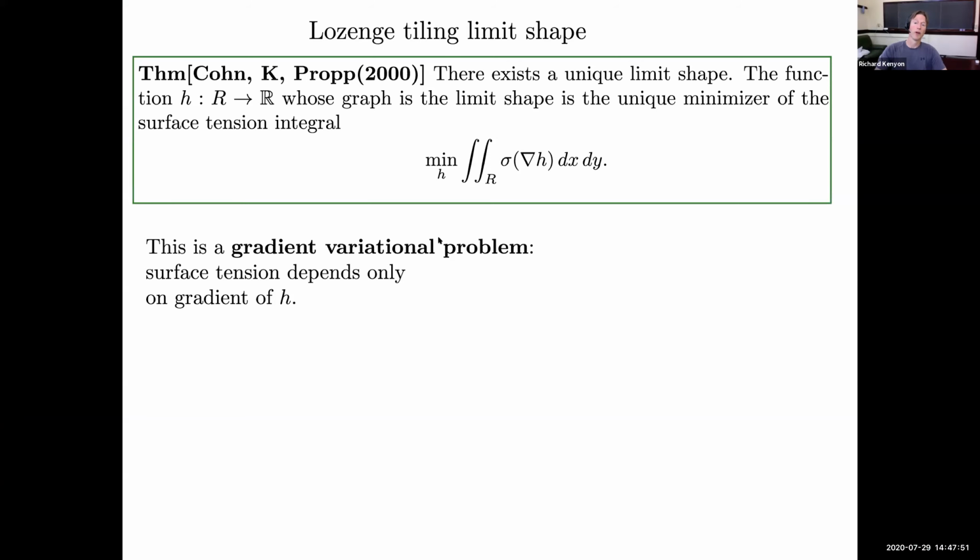There we go. Well, you take a region R in the plane, and on the boundary of that region, like that hexagon, you have a height function on the boundary, and you want to look for a function on R whose boundary values are determined. Then in this situation, there's a unique limit shape, described by this limit shape formula.